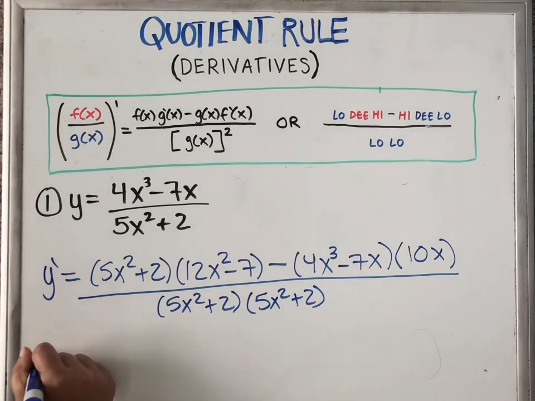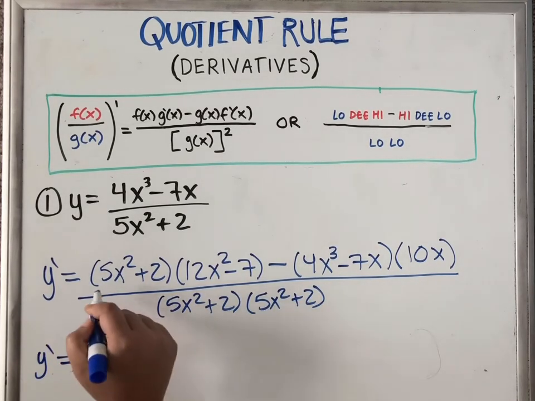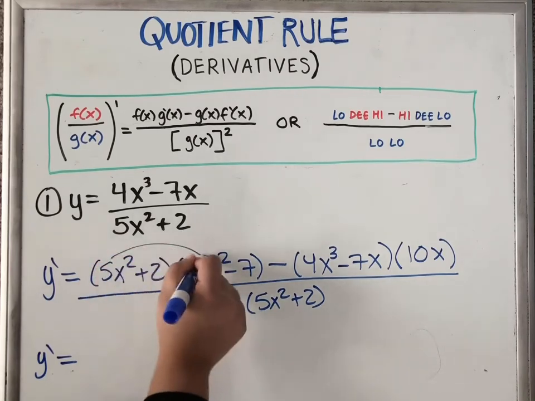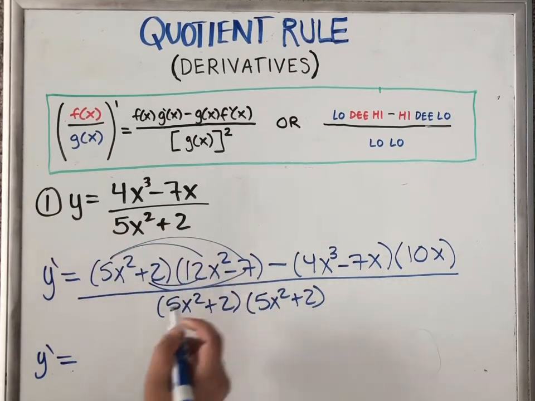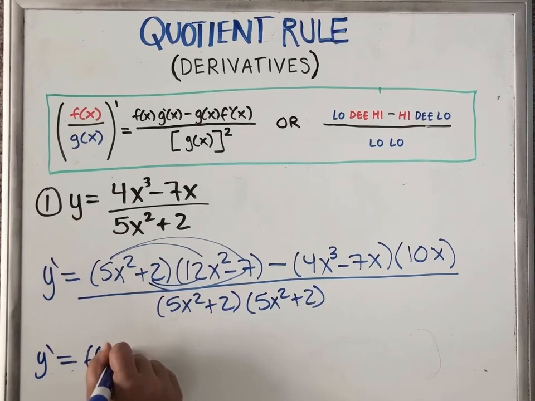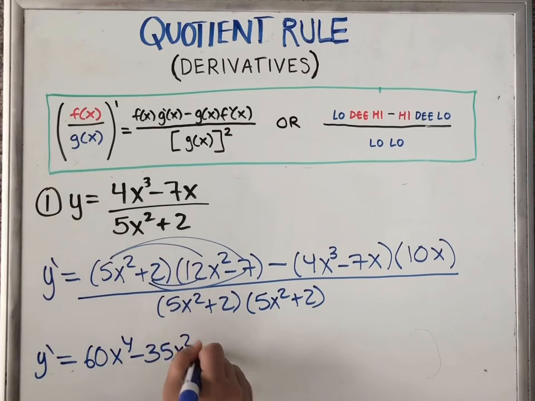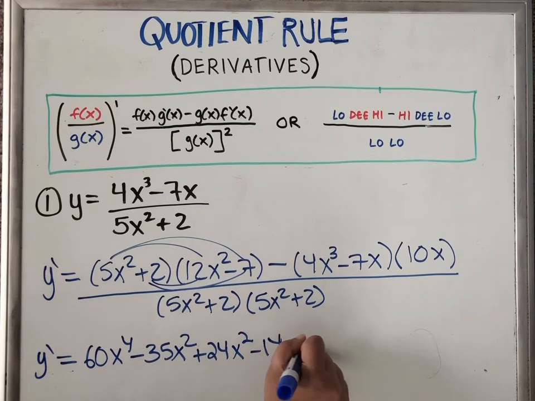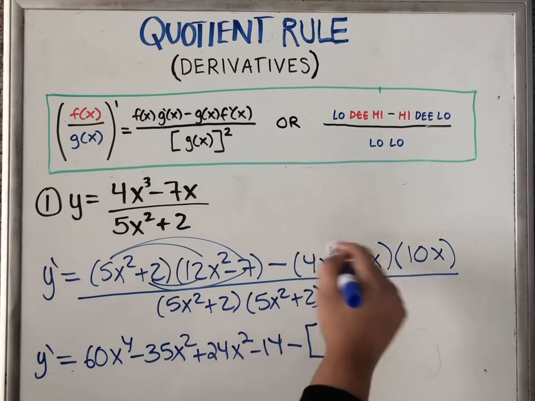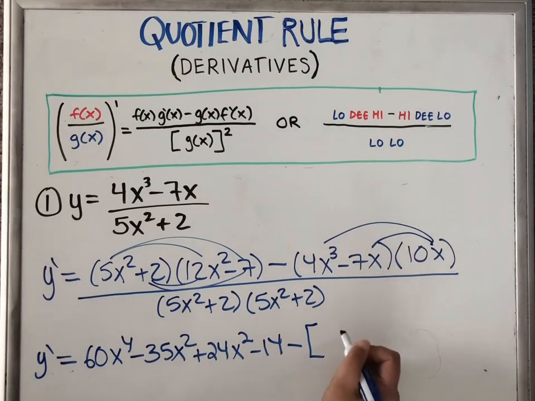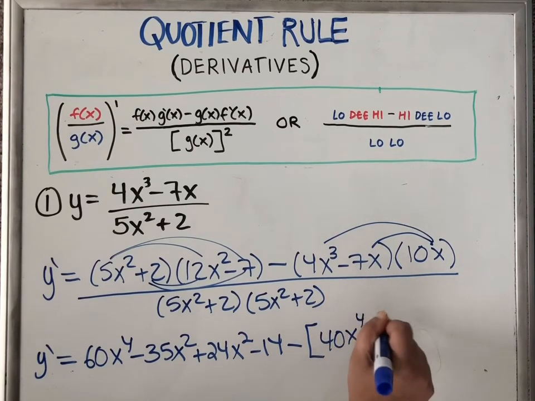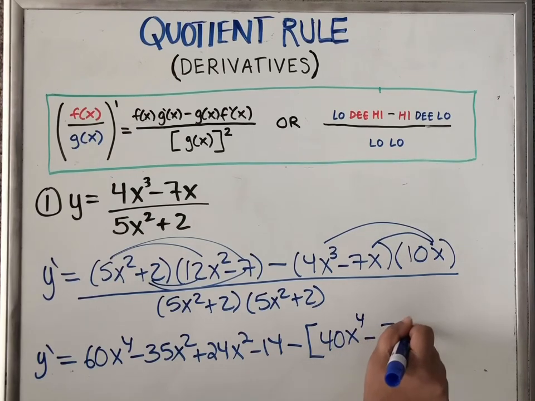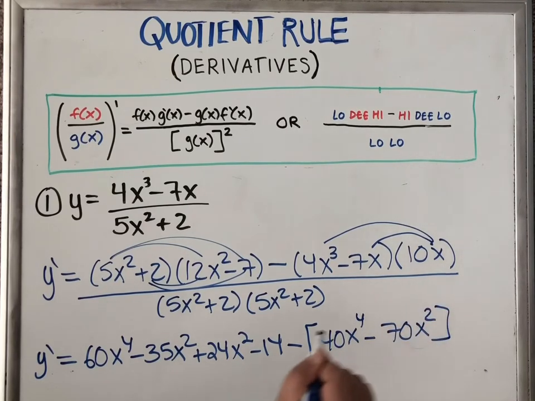Okay, let's just clean that up a bit. So I'm going to distribute this all out up here. That's going to give us a 60x to the fourth minus 35x squared plus 24x squared minus 14, minus, let's see, just distributing that 10x out, so a 40x to the fourth minus 70x squared on the top.